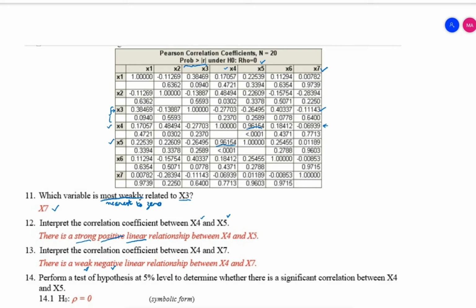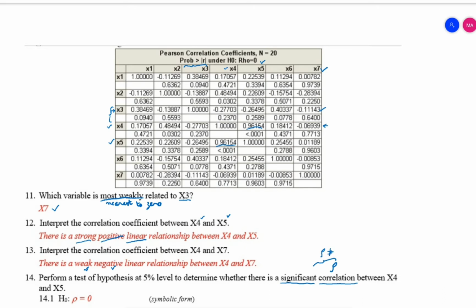After the testing, there is a significant correlation. Correlation means r, but the testing is for the population, therefore you write rho. Significant means rho is not 0.